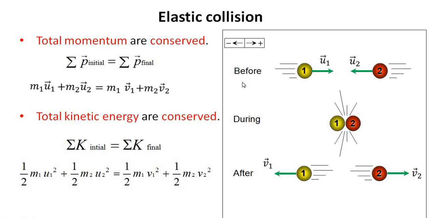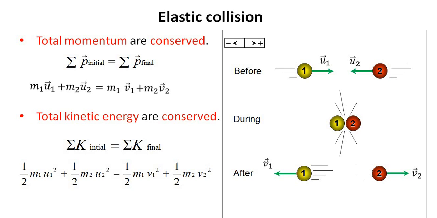Okay, look at this example. We have two balls moving in opposite directions. Ball 1 with mass m1 is moving to the right with initial velocity u1, while ball 2 with mass m2 is moving to the left with initial velocity u2. Then both balls collide with each other.